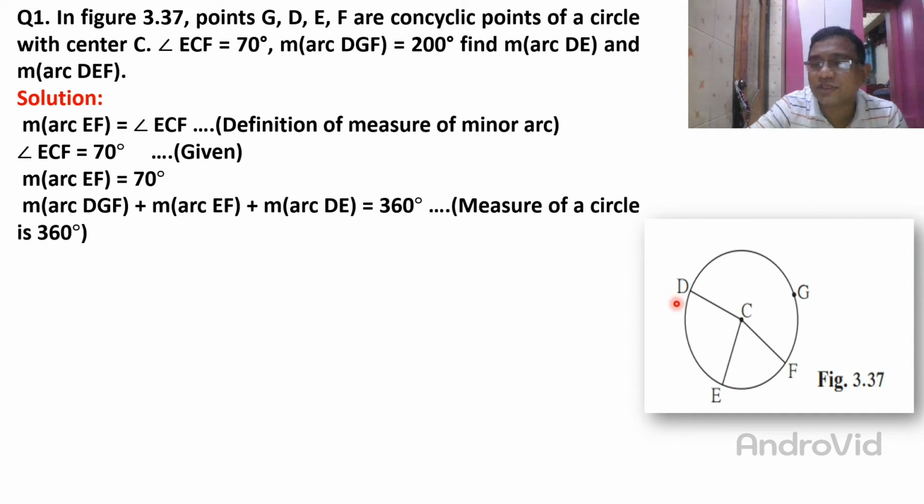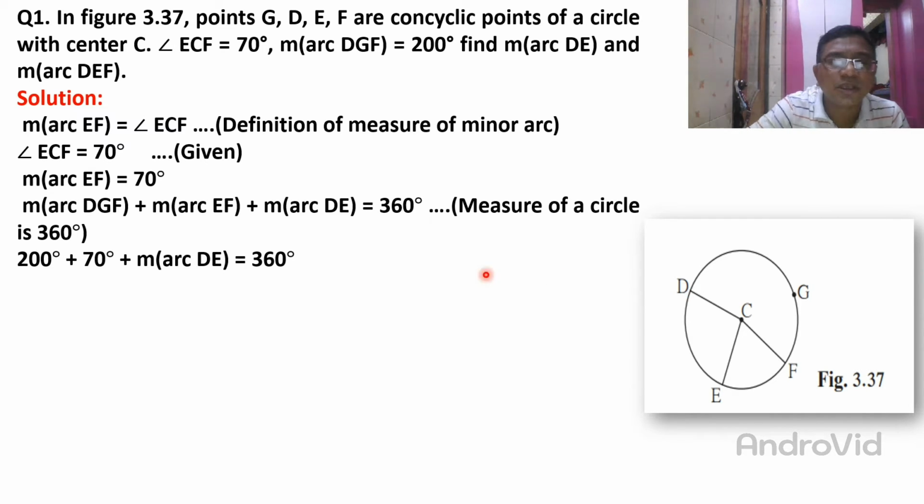So see, this is D, this is G, and this is DGF, plus major arc EF, plus major arc DE. You want to find DE, which is very easy. Starting from D, G and F, this is DGF, after that this is EF, after that this is DE. So the total circle is completed. Now we substitute the values.